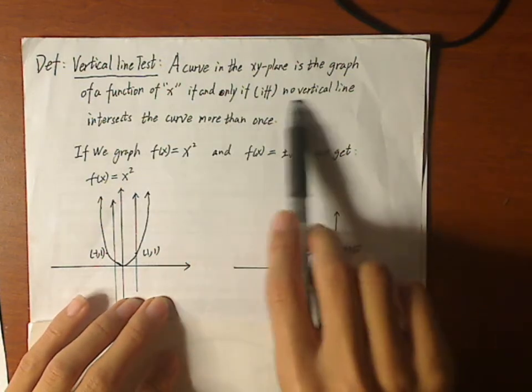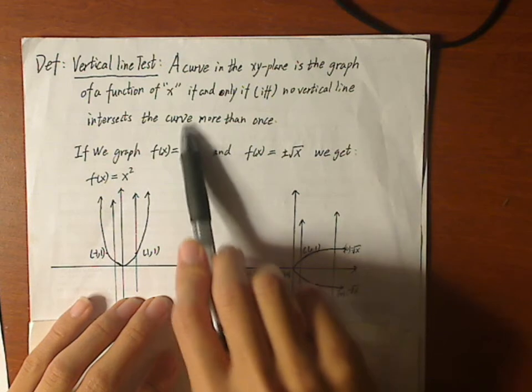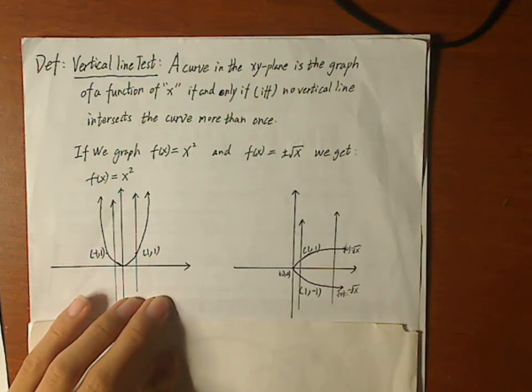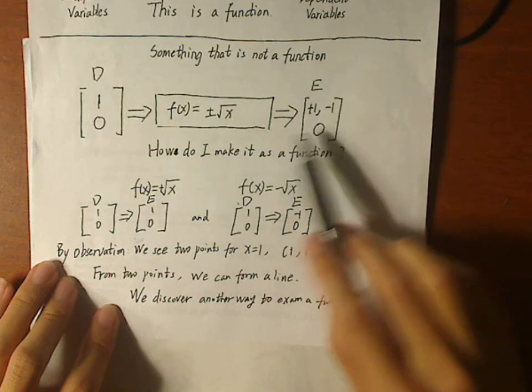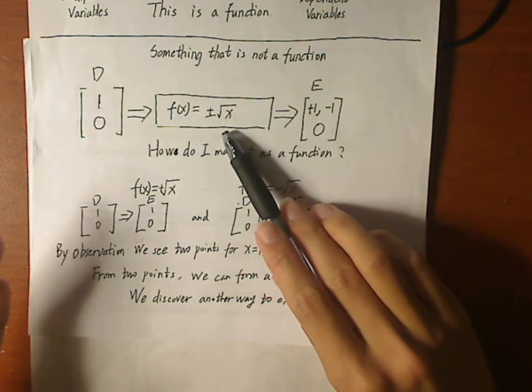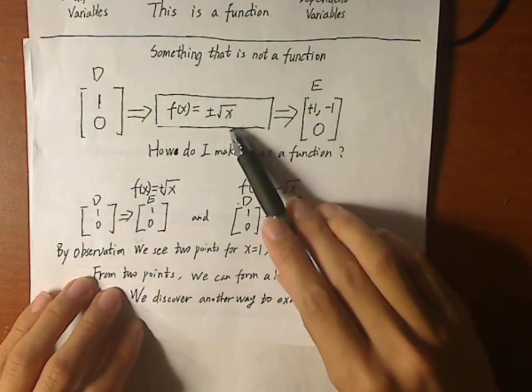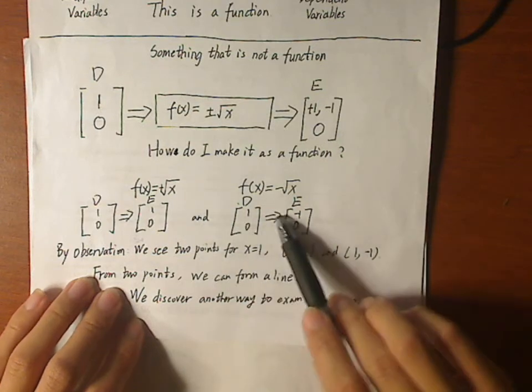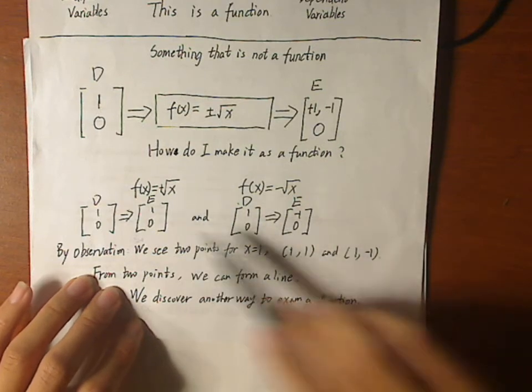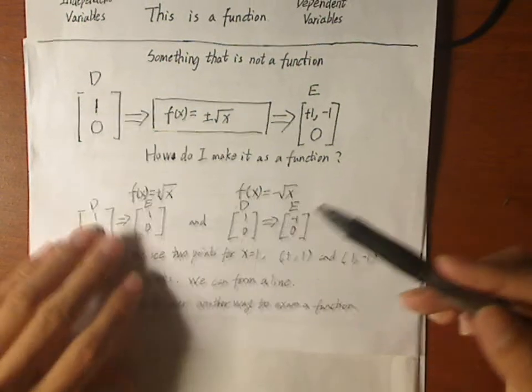A function is one where no vertical line intersects the curve more than once. That means we cannot intersect more than once, right? And remember, we did split this expression by 2, so that each part individually becomes a function.